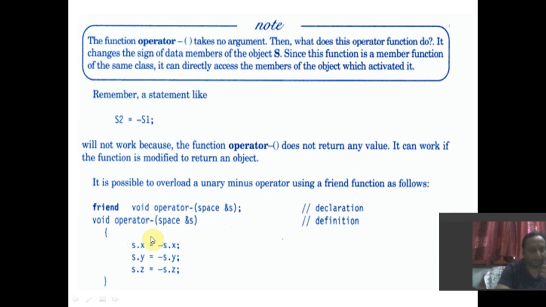So with a friend function it will be declared in the following manner: s is the object created, we are giving the argument, creating the object. By the object we are calling s dot x, s dot y and s dot z, and assigning the values minus s dot x, minus s dot y, minus s dot z. Now it will work if that particular function is declared as a friend function.